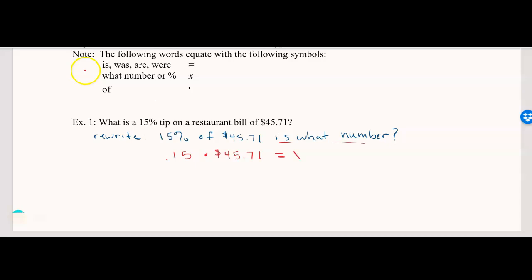We don't know. X. All I did was translate this using mathematical symbols and numbers. And then from here, you're just going to multiply these two together. I'm going to take 0.15 times 45.71, and we get $6.86. This would be your tip if you were going to do a 15% tip.